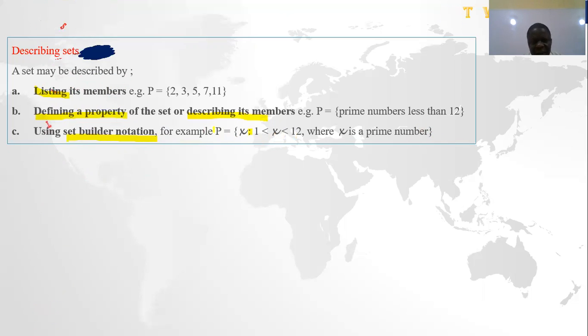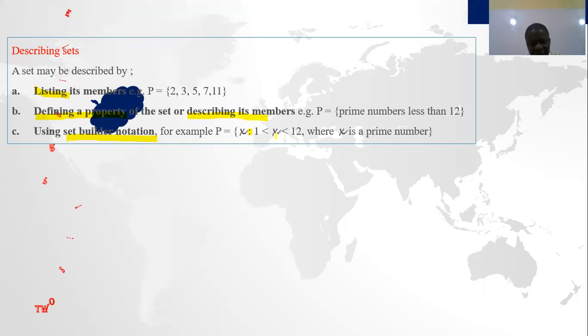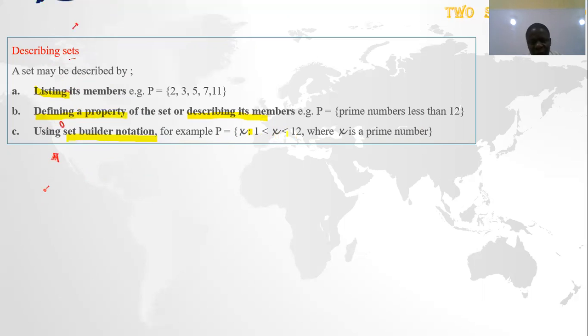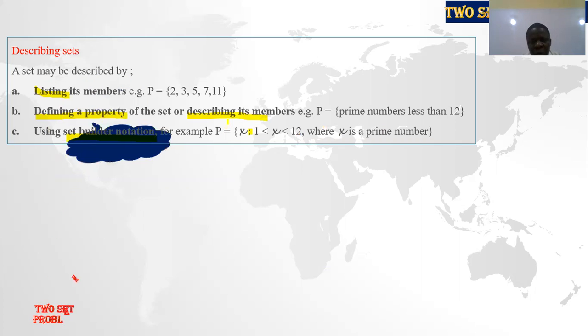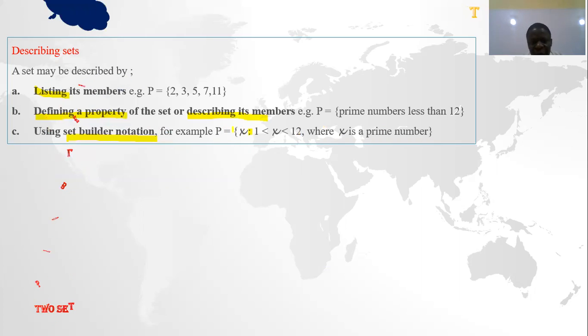I take it again. P is equal to x, such that 1 is less than x, but x is also less than 12, where x is a prime number. So any prime number that is greater than 1, but less than 12, qualifies to be part of the group of elements of P.